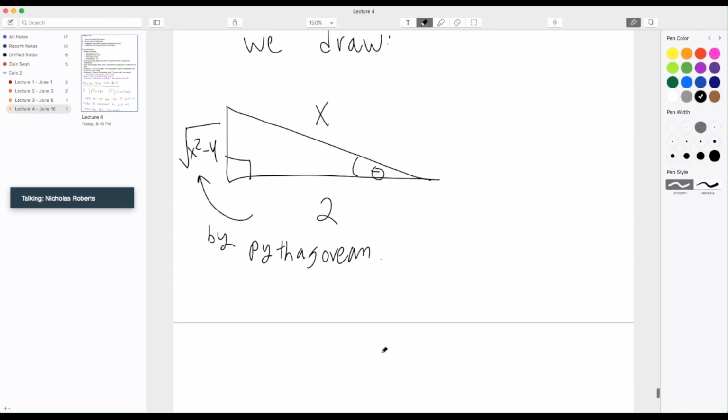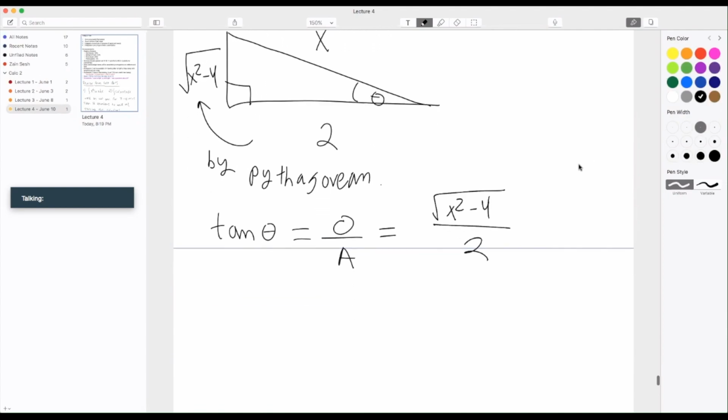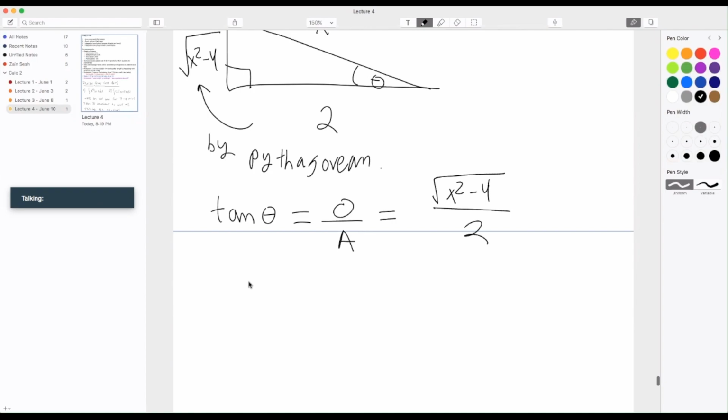All right, so recall, we need secant theta and we need tan theta. Tangent of theta is easily readable from this triangle. Tangent of theta is opposite over adjacent, and opposite here is the square root of x squared minus 4, and adjacent is 2. Very good, and from earlier, secant of theta was x over 2.